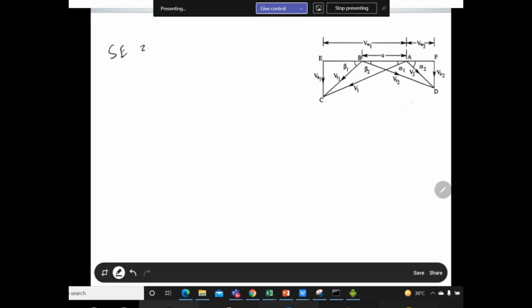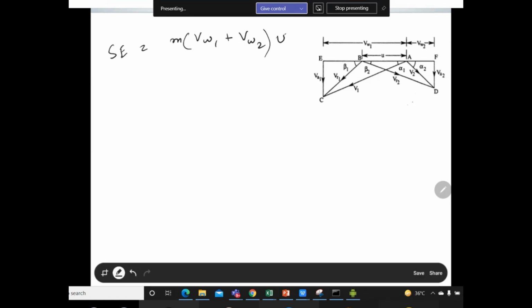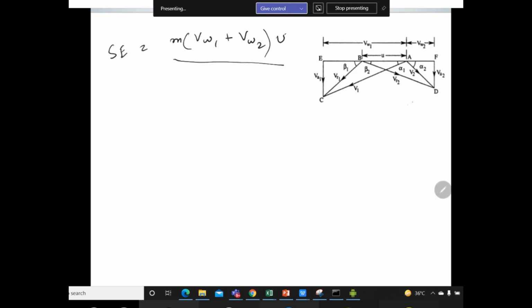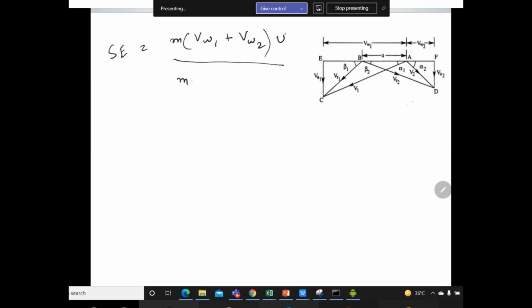So your stage efficiency becomes the work done on blade per second, which is m(Vw1 plus Vw2) into U, over the total energy supplied per stage. At per stage there is heat transfer, so if you notice, we have to consider the enthalpy values, that is H1 minus H2.